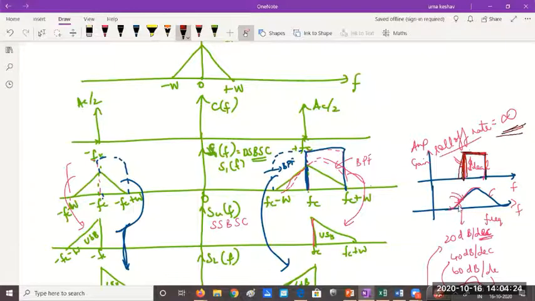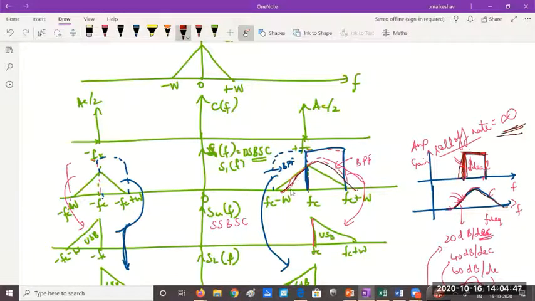Practically, when we design any system, you can't get a sudden fall from maximum to minimum like this in a filter. What you will get will look something more like this, the second waveform. So what happens if I use a non-ideal band pass filter like this?